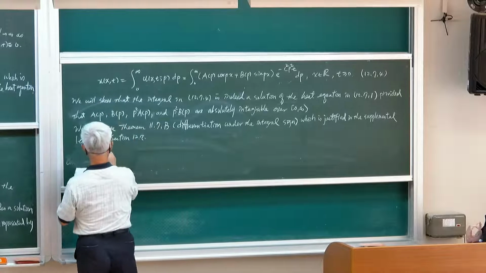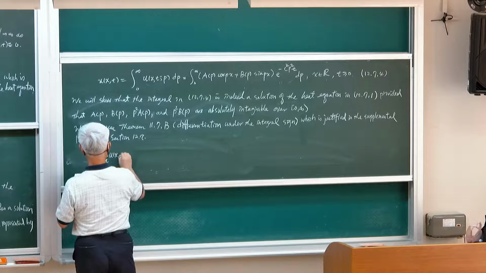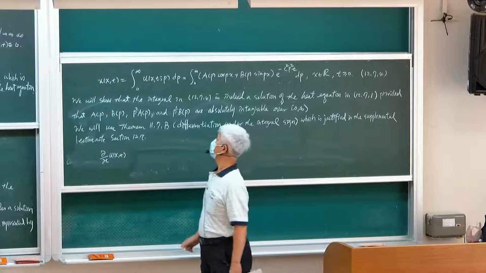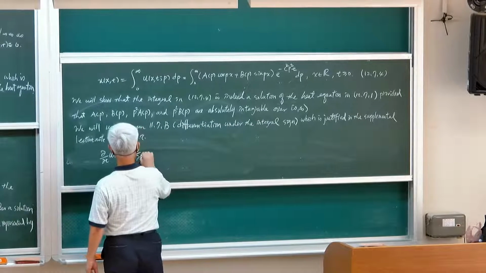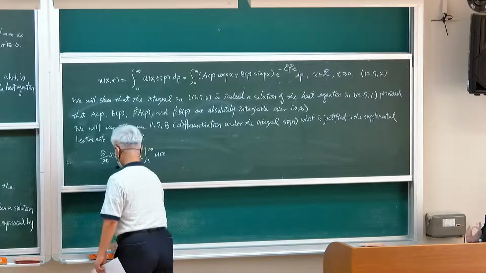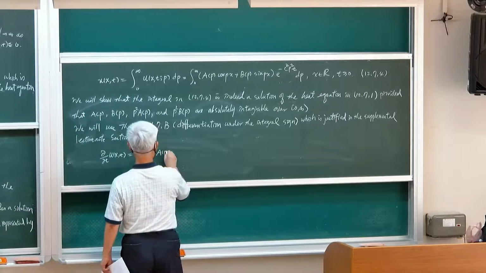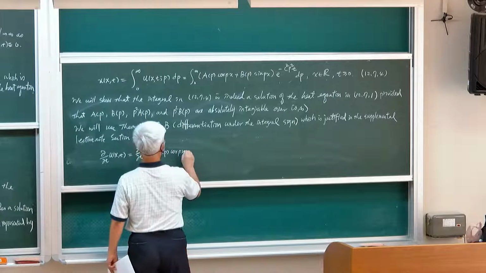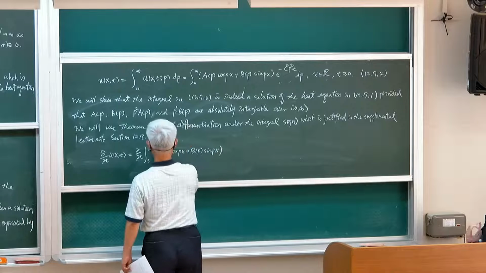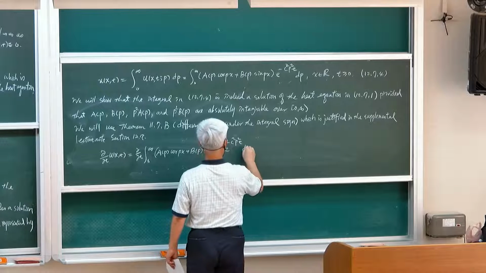All right, and so now the derivative with respect to t is equal to AP cosine px plus BP sine px, e to the minus c squared p squared t, dp.